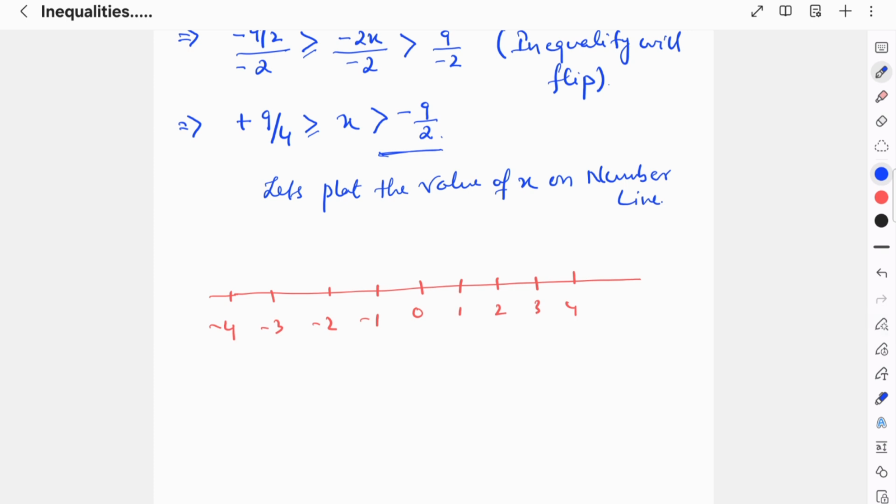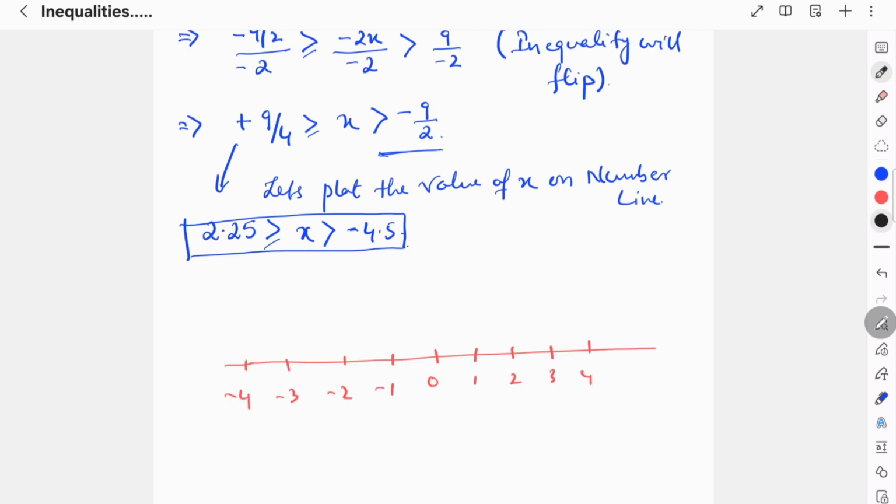Now let's try to plot the value of x on a number line and see where exactly this x is lying. So 9 by 4 is 2.25 and negative 9 by 2 is negative 4.5.